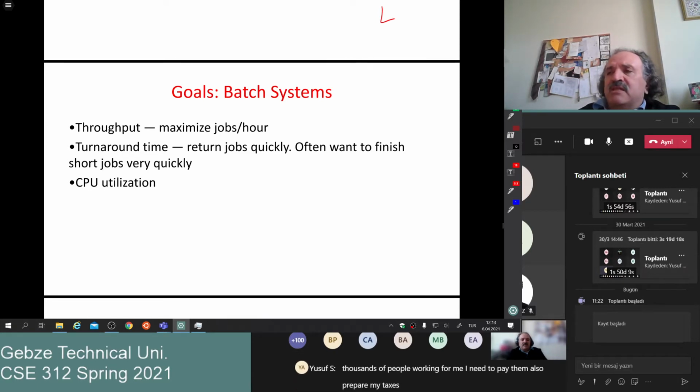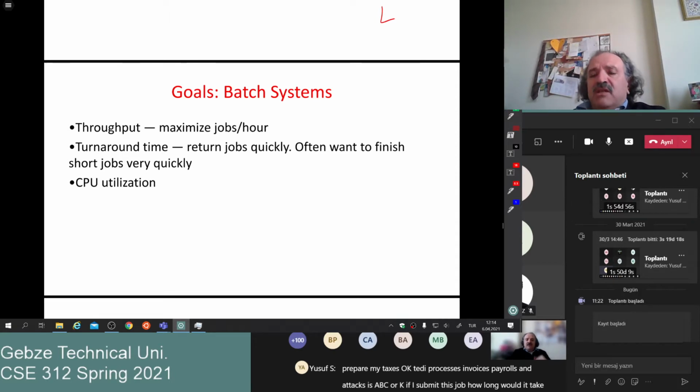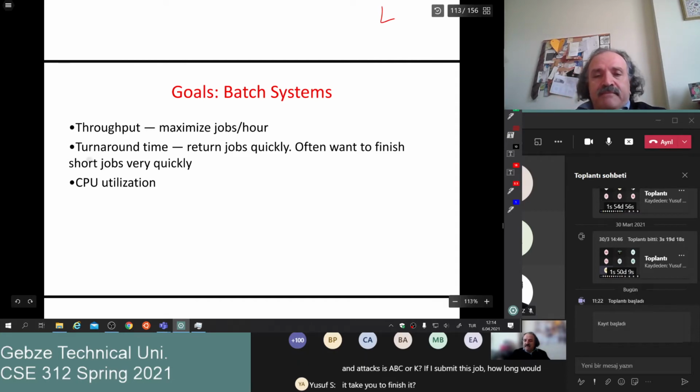Three processes: invoices, payrolls, and the taxes, A, B, C. If I submit this job, how long would it take you to finish it? That's the turnaround time.